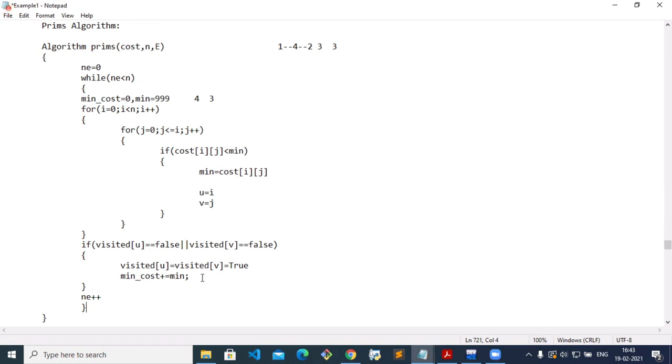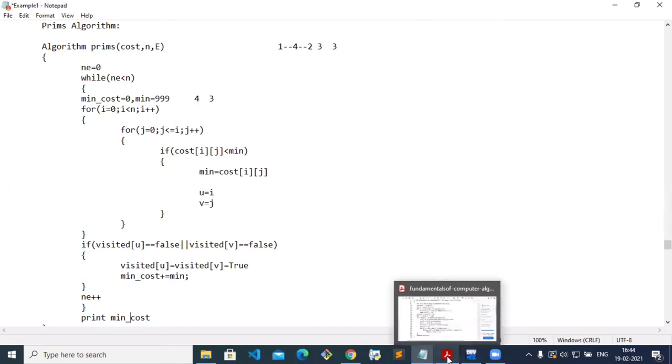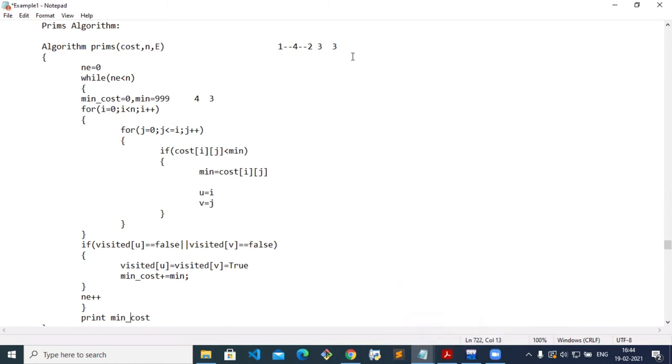After the while loop, if you want, you can print the min cost. Clear, ma'am? Good. I forgot to print it. I had calculated the minimum value, but we did not add that to the minimum cost.